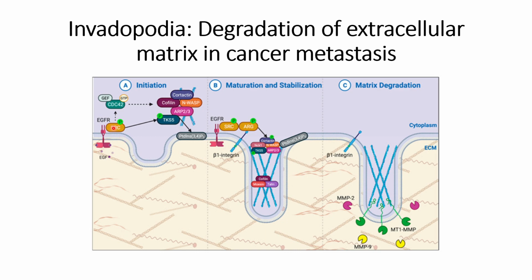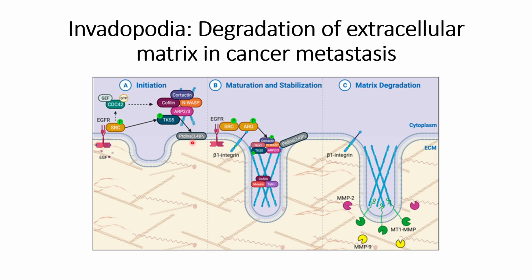It begins with the activation of EGFR through the EGFR receptors, and that leads to the phosphorylation of SRC. That triggers the complex formation, that is CDC42, and along with this it also phosphorylates DKS5, and both of them combined together form a complex that is the initiation of Invadopodia.